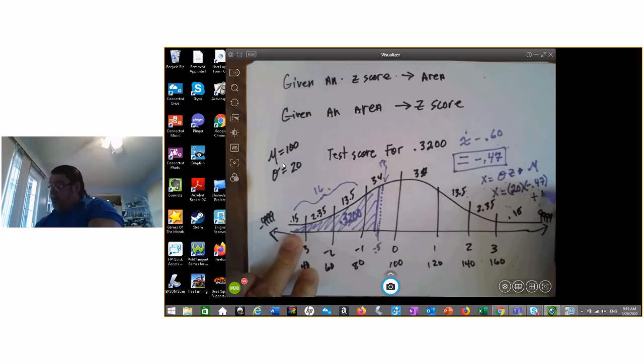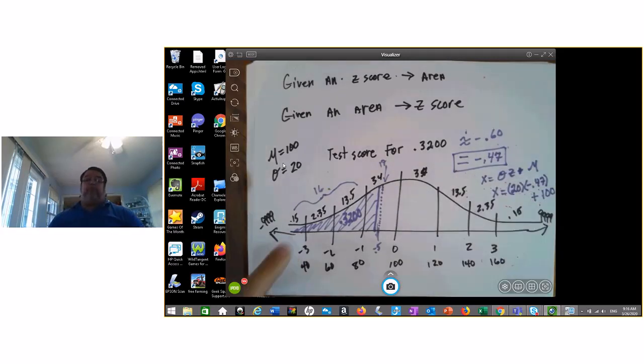Somebody do that math for me. What is 20 times negative 0.47, and then plus 100?